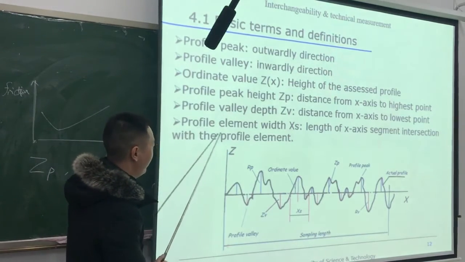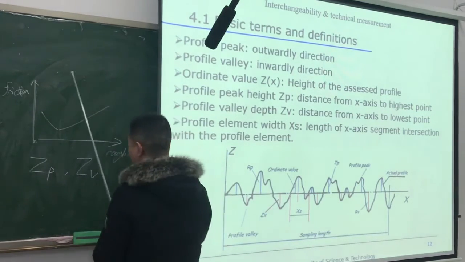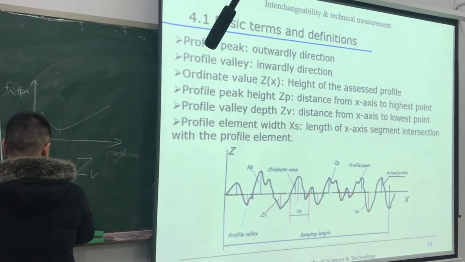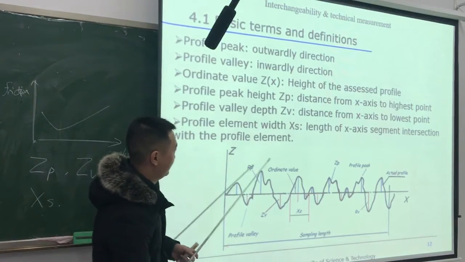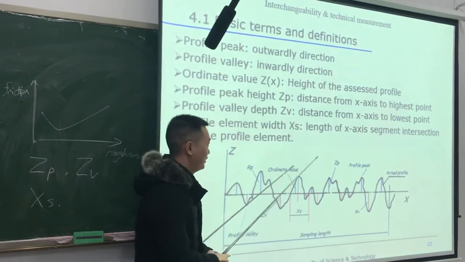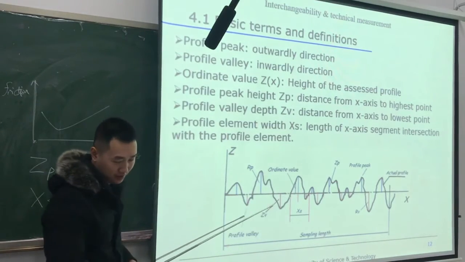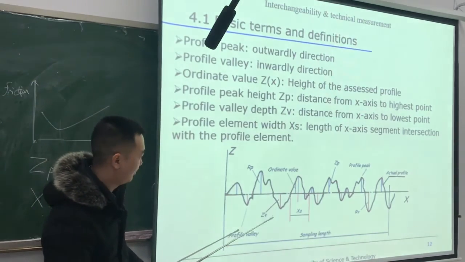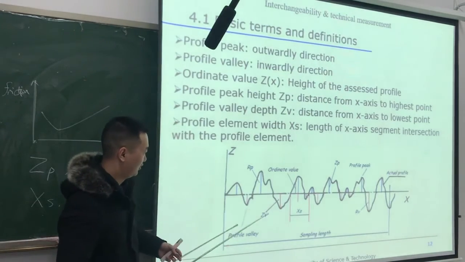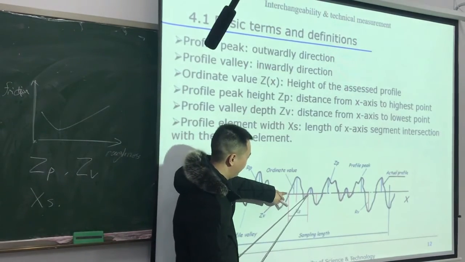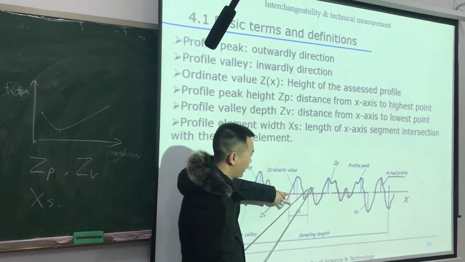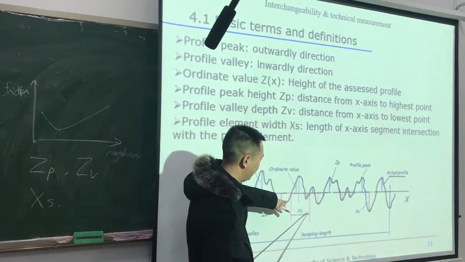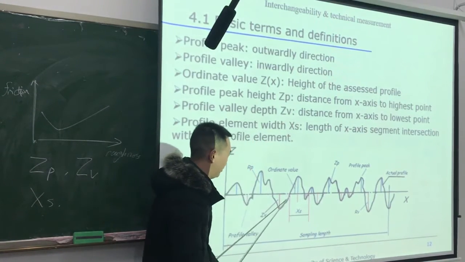That is the profile element width, xs. Xs is the length of an axis segment intersecting with the profile element. So here is the xs. In fact, we have many xs values that can be estimated for this profile.